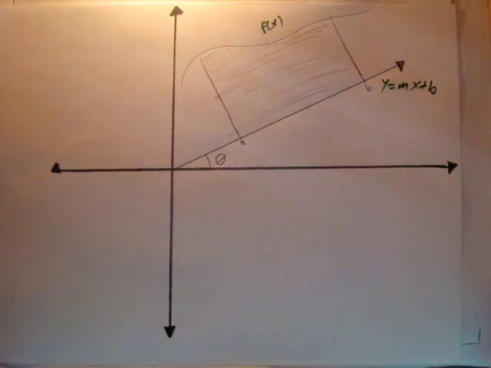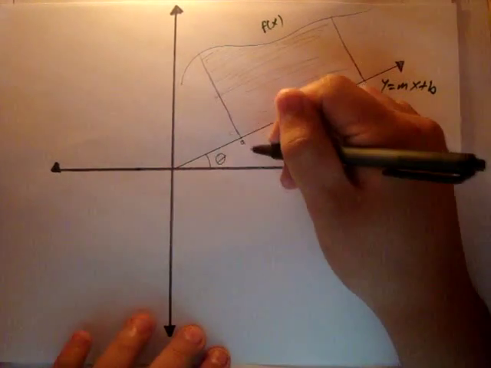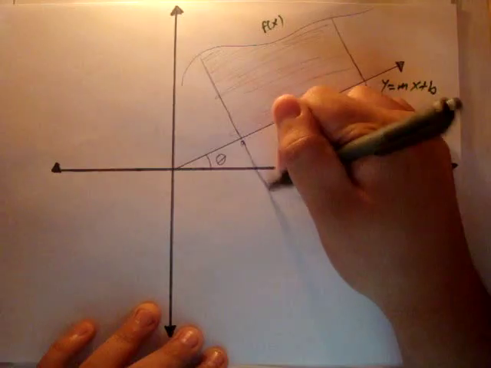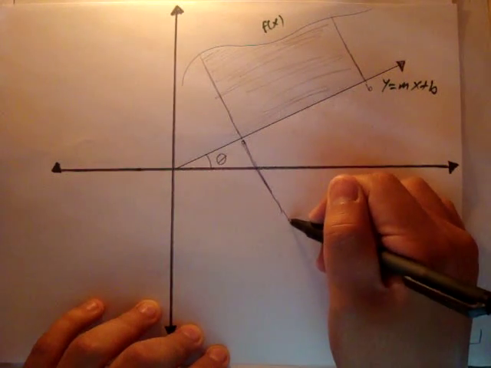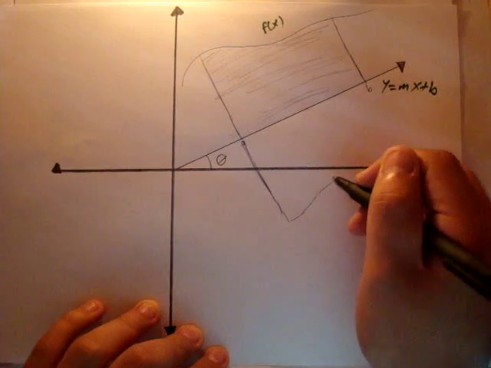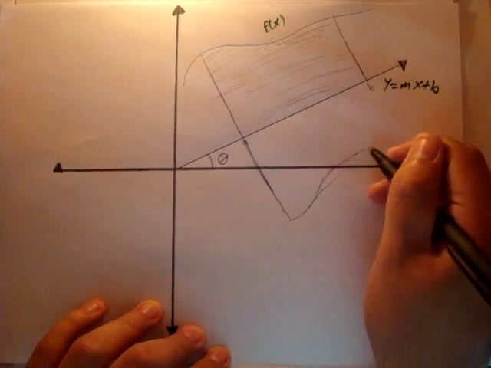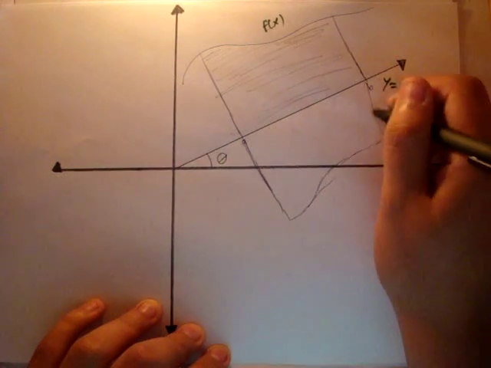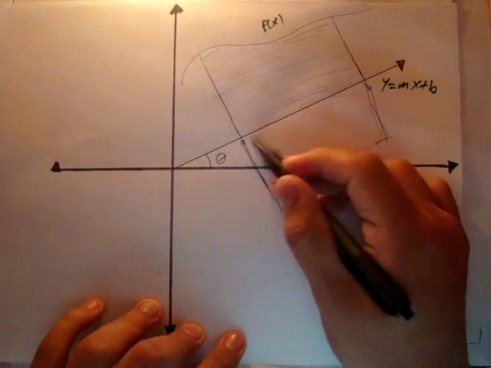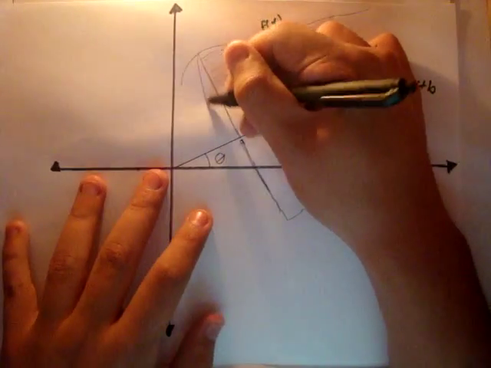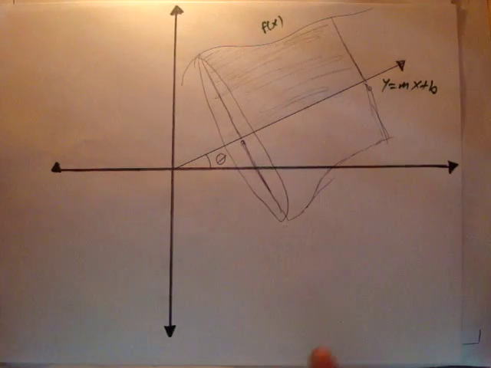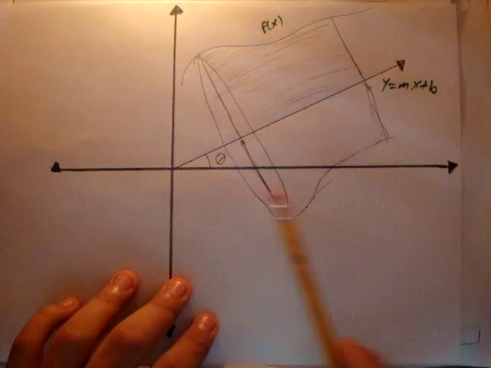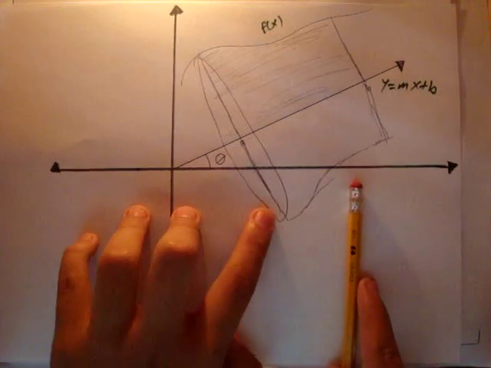And if we revolve it around, it'll look something like this. Of course, three-dimensional. It'll look like an oblate cylinder, I might say.